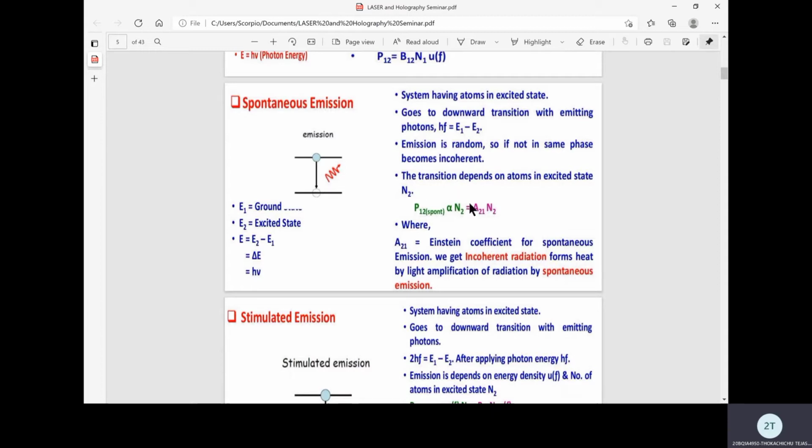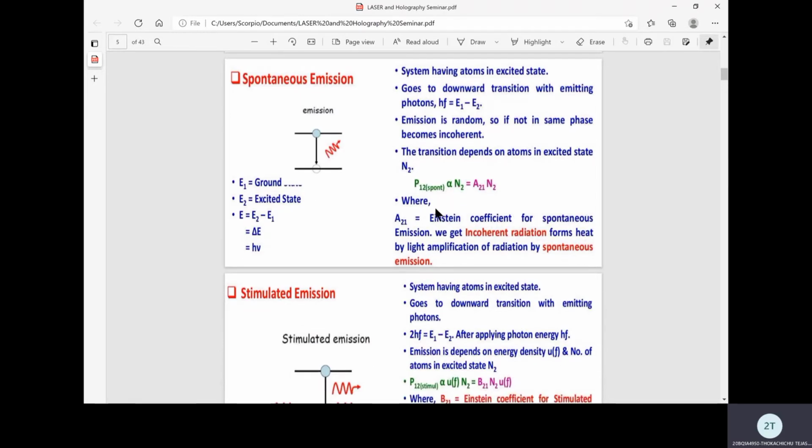We can generalize its equation as: probability of spontaneous emission is proportional to N2. We introduce a proportionality constant A21 here, which implies P21 equals A21 N2.